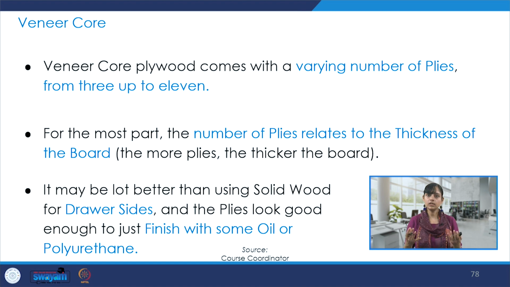There could be a varying number of plies in a veneer core, from 3 all the way up to 11. And for the most part, the number of plies relates to the thickness of the board. And it is used for drawers and storages and a lot of purposes. And we could just finish it with some oil or PU, which is polyurethane.